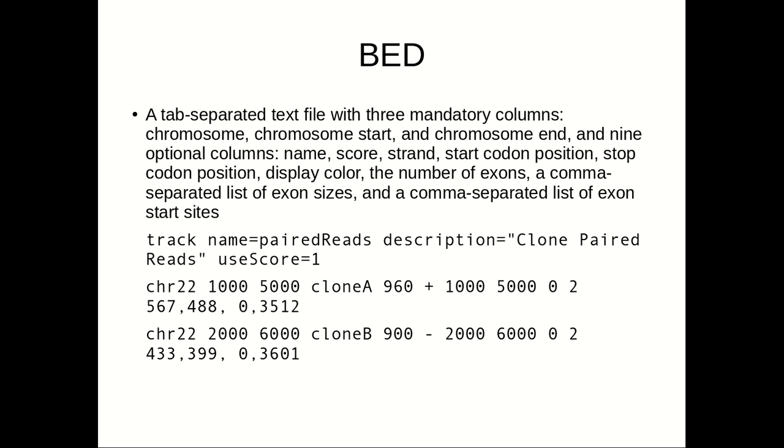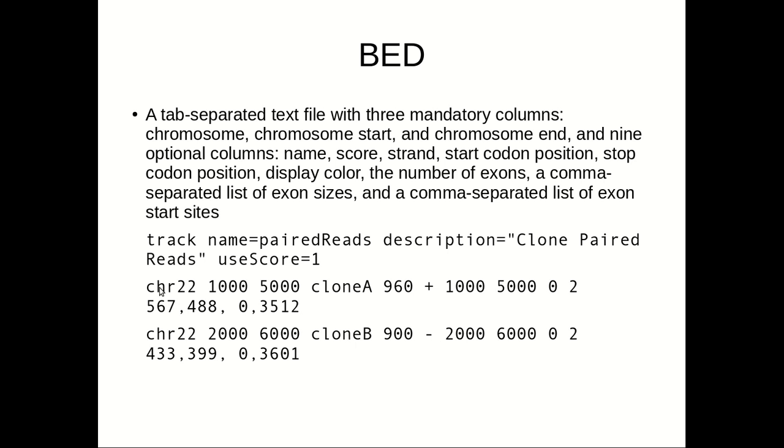And finally, we have a BED file. This is going to be a tab-separated text file with a number of columns that define genes in a genome. The first line in the file is going to just define the track name. So whatever our annotation track is, we give it a name, description, whatever else. This isn't actually necessary, it's optional. Then we have three mandatory columns.